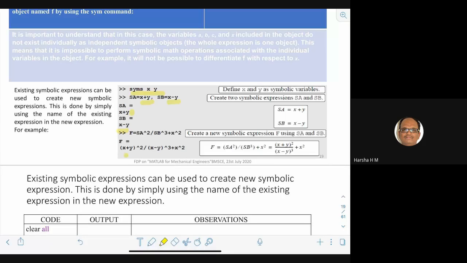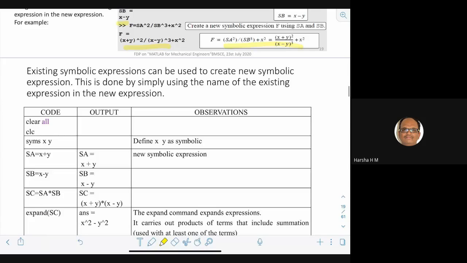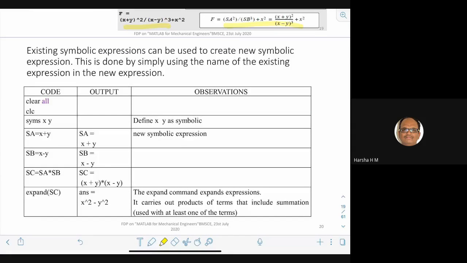Now let us look at some exercises here and run through this part. Just say clear all and clear c, and we have defined syms x and y. So when you say SA is equal to x plus y and ask what is SA, the output will be x plus y. If you say SB is equal to x minus y, remember x and y are already defined as symbolic variables, so you will get x minus y.